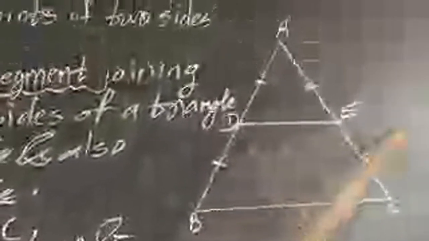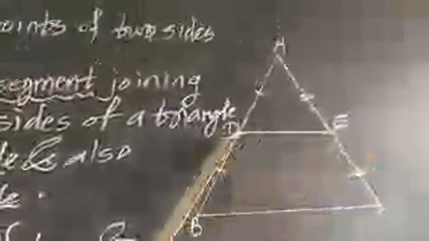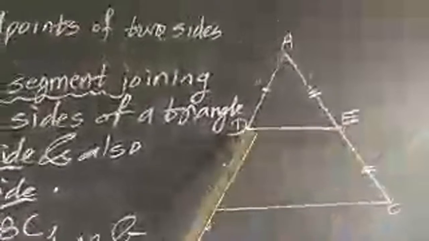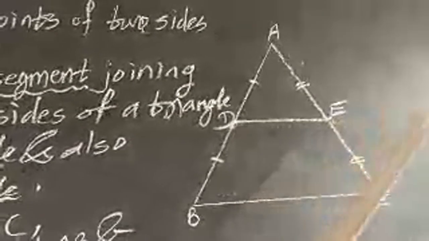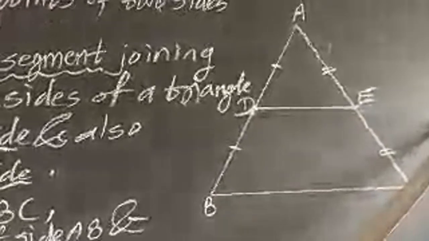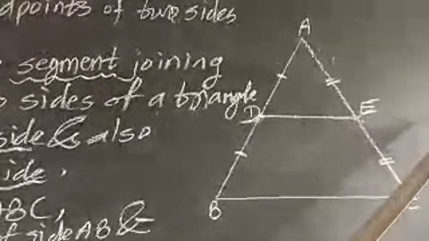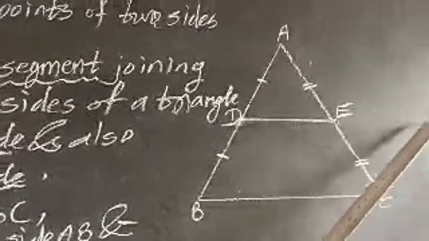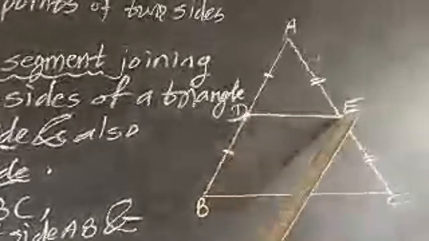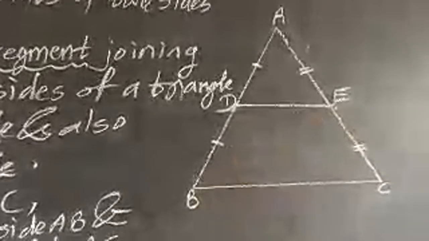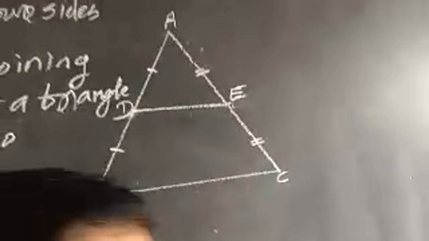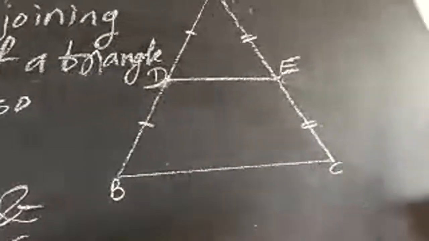Then next part, after to prove, construction is important. We produce this segment at the E side to point F such that the distance EF is equal to DE. Here point F; this EF distance is equal to DE.